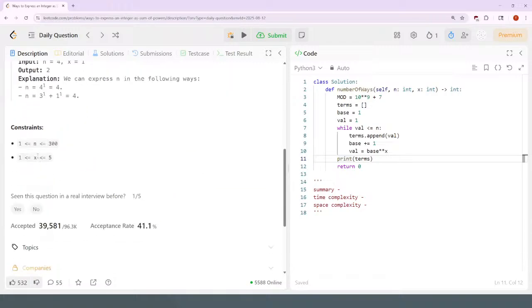Okay, how big is this? N can go up to 300, but the power can only go up to 5. So if the power was 1 and n was 300, that's actually kind of the worst case, I think, because there's the most possible branching.